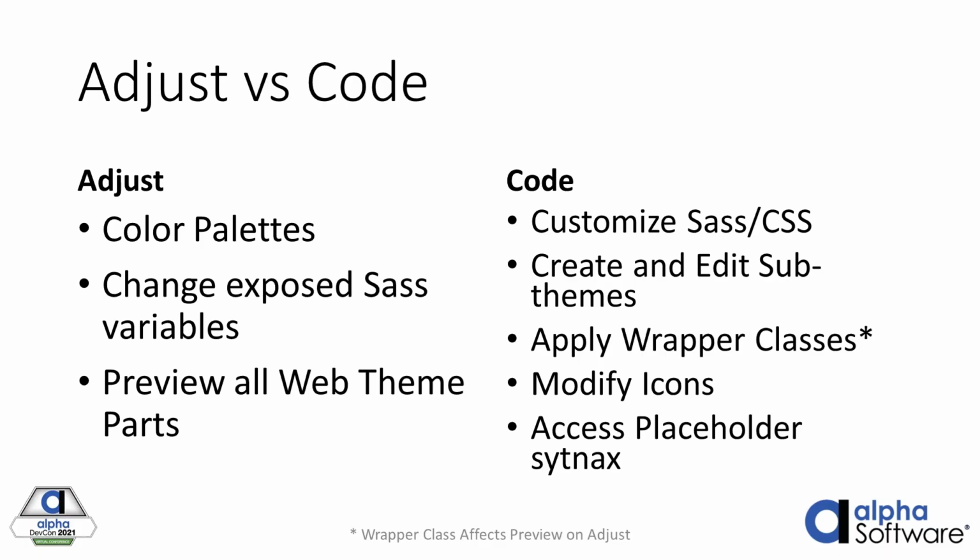And you can also access the placeholder syntax, which is something that some of you may know about, but it's a really powerful way to include your styles in your application layouts without having to know what the CSS classes that are being used. So there's this whole placeholder syntax in Alpha Anywhere that you can take advantage of.